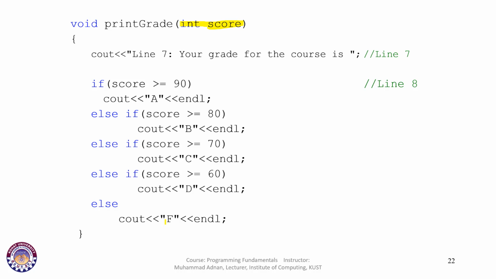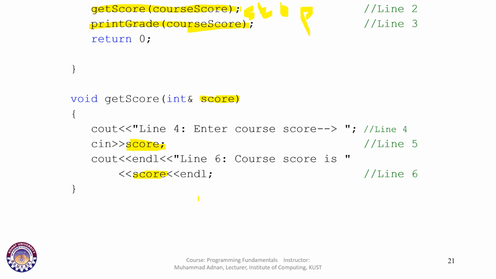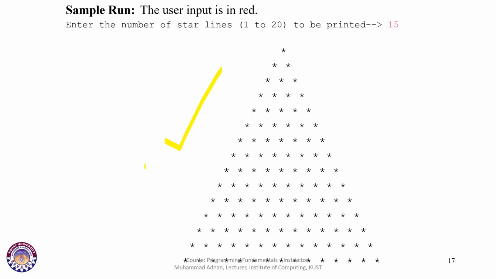You can also put another check where, if a user enters some data that is less than 0 or greater than 100, you can then print a message here that the data is invalid, the score is not in range, just as we did in the previous example.